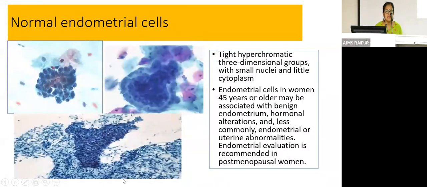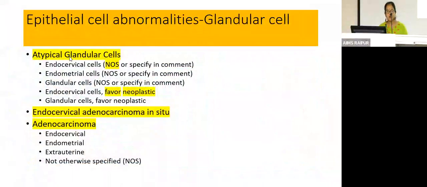Now coming to the Bethesda reporting system for glandular abnormalities, basically there are three broad groups. One is atypical glandular cells, next is endocervical adenocarcinoma in situ, and the last is adenocarcinoma. Amongst the atypical glandular cells, you have the NOS category and the favor neoplastic category.